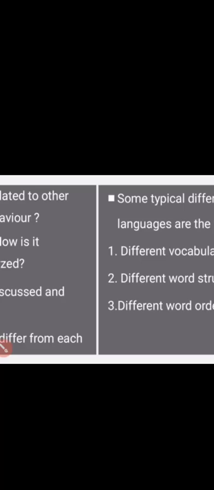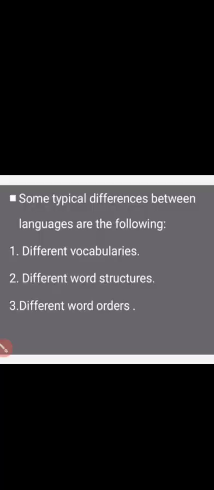Some typical differences between languages are the following. You can have different vocabularies, different word structures, different word orders. We can have different sound systems for different types of languages, different ways of expressing.